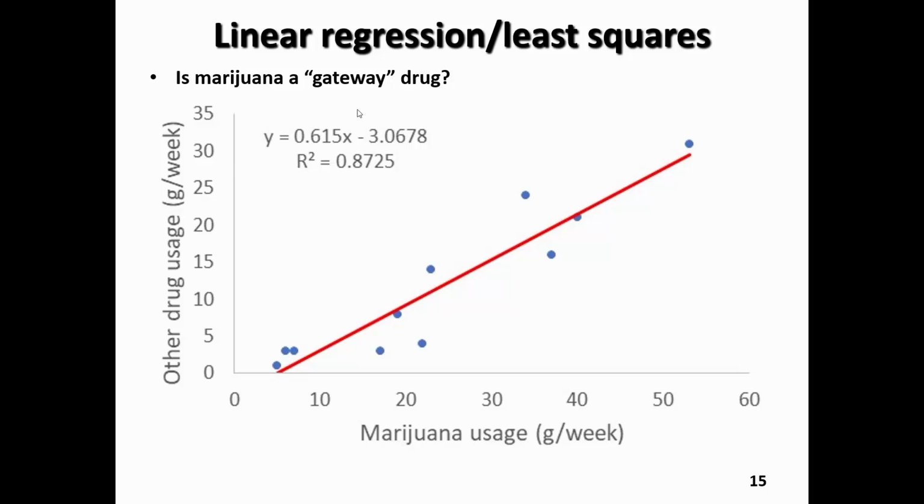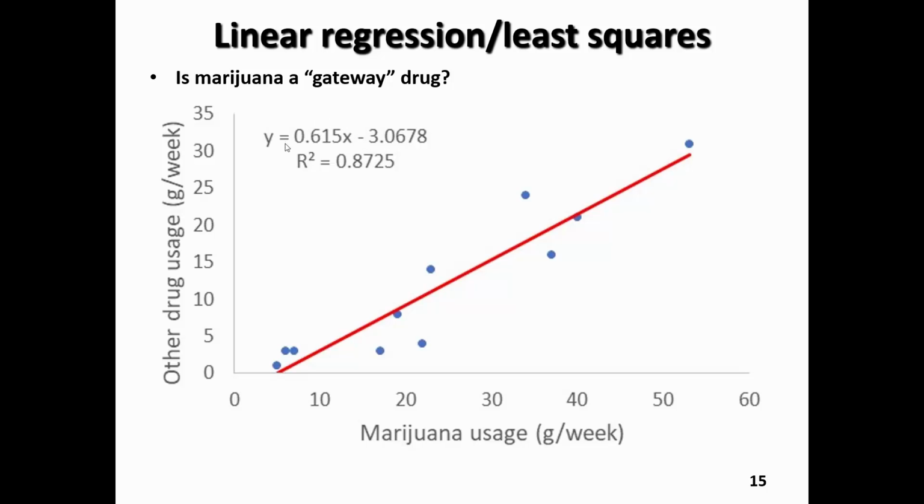I used Microsoft Excel once again to generate the regression equation. You can see here that the R squared value is 0.8725, which indicates that strong relationship. The regression equation, the prediction equation, is given by 0.615x minus 3.0678.